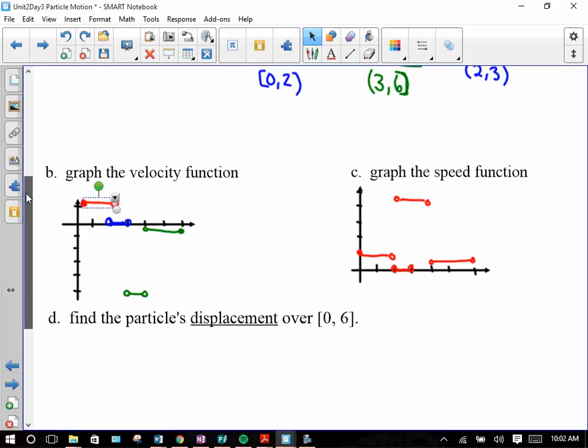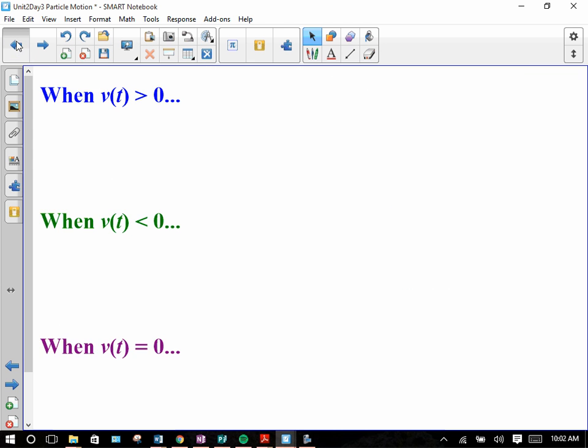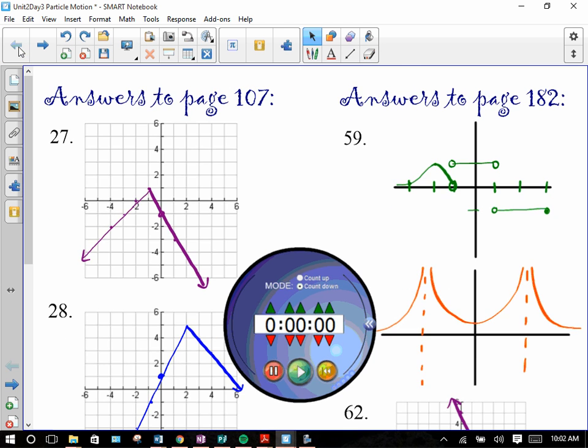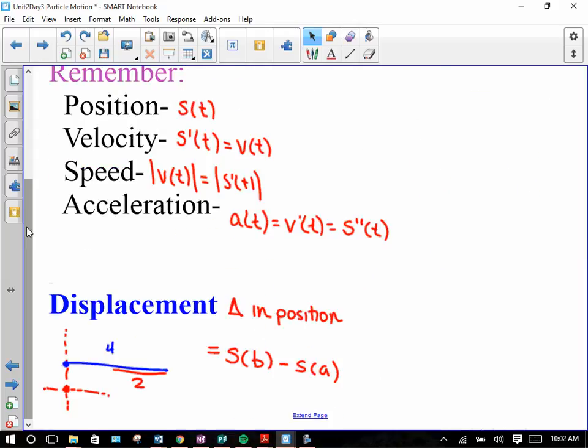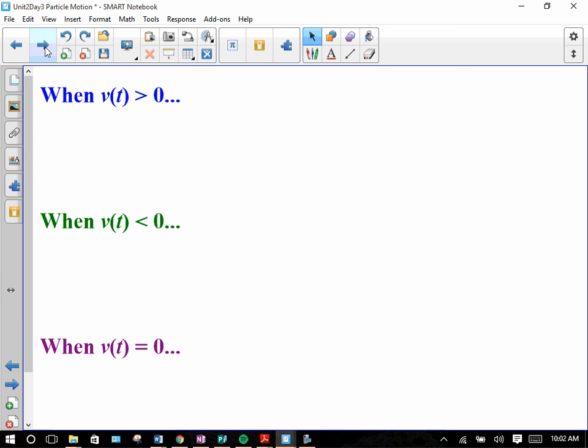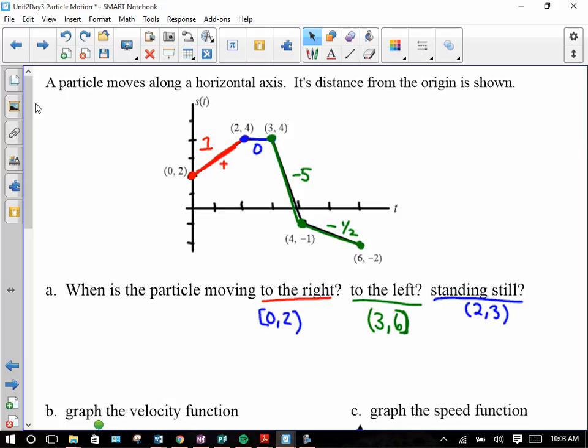Now let's find the particle displacement over 0 to 6. Remember we said that displacement is equal to S of B minus S of A, so the final position minus the initial position. What is our initial position?